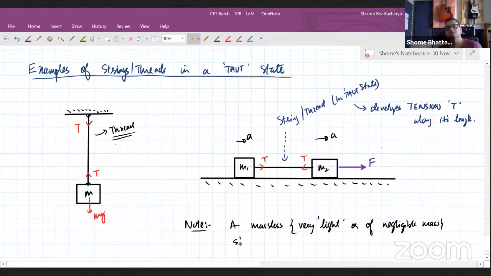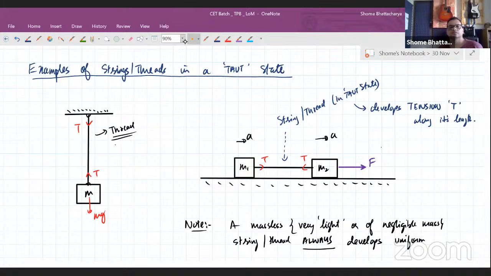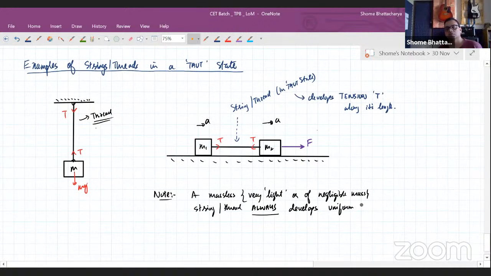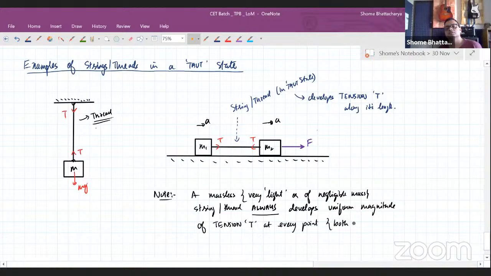So a massless string or thread always develops uniform magnitude of tension at every point, including both ends.